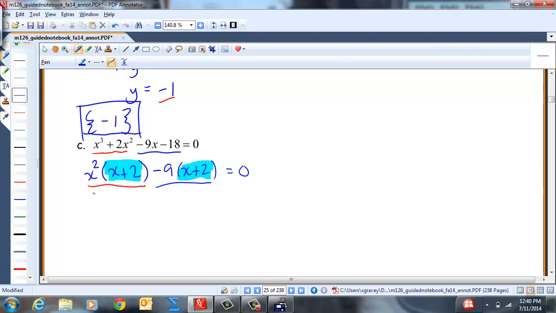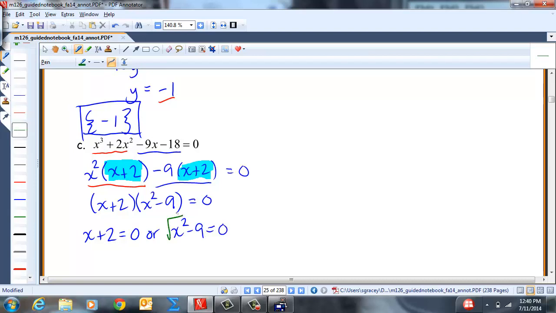So we'll have the quantity x plus 2 times x squared minus 9 is equal to 0. So we get x plus 2 is 0, or x squared minus 9 is 0. We have to do one more thing here. X squared would equal 9 on this side.